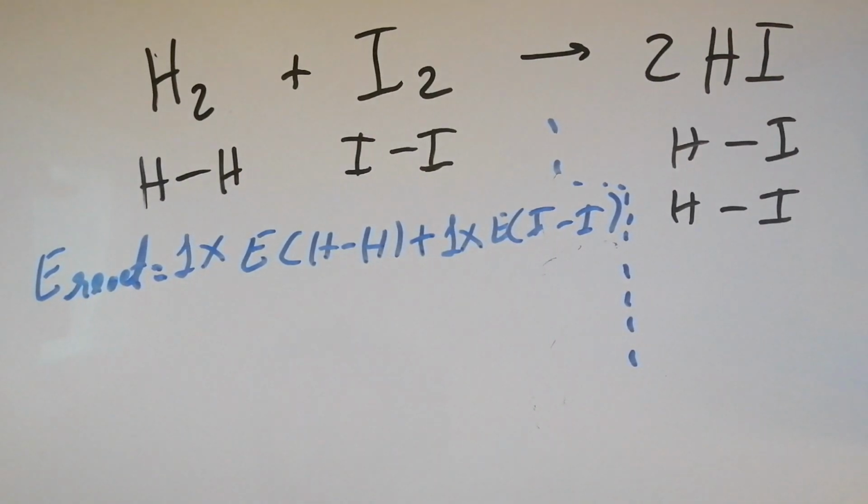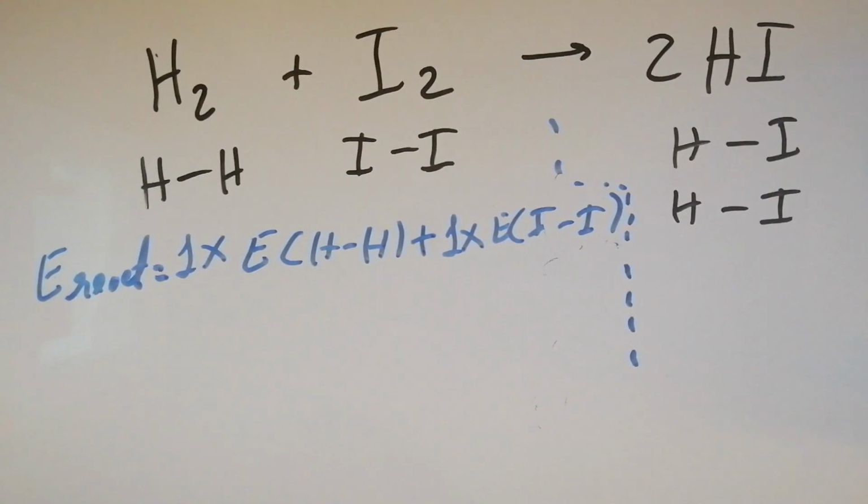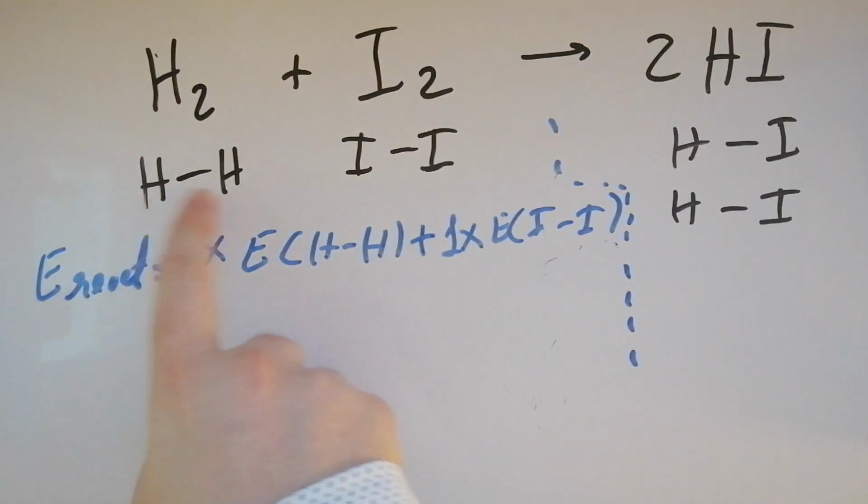So according to our table, the energy of each hydrogen linked with another hydrogen is 436.